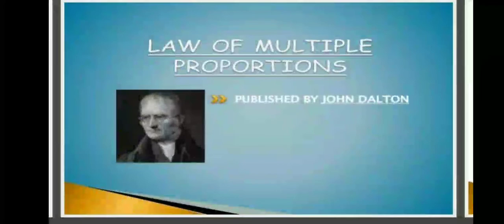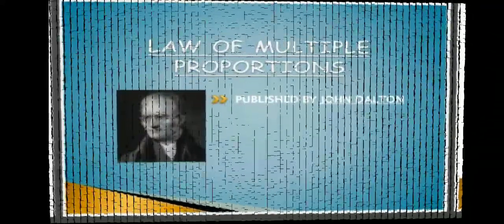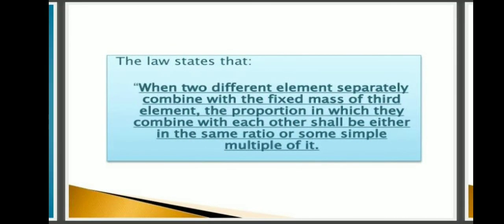Law of multiple proportion, published by John Dalton. Statement: when two different elements separately combine with a fixed mass of a third element, the proportion in which they combine with each other shall be either in the same ratio or some simple multiple of it.